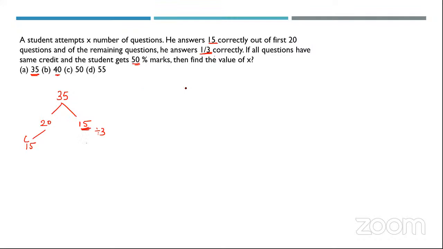But let's look at 40. If you look at 40, out of the first 20, 15 are correct. Remaining are 20. Is 20 completely divisible by 3? No, option eliminated. All right. Third option, 50. If I subtract the first 20, out of which 15 are correct, remaining are 30.